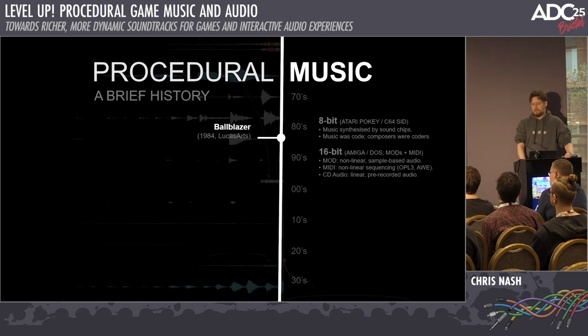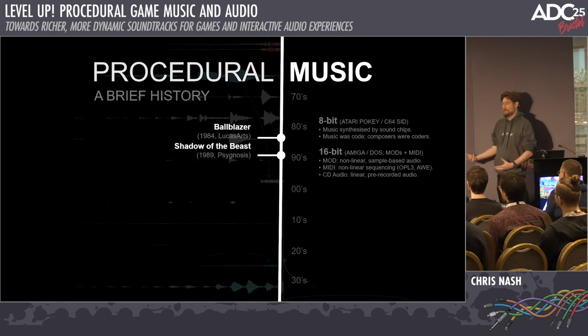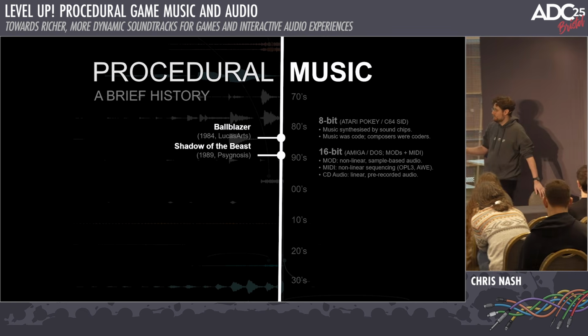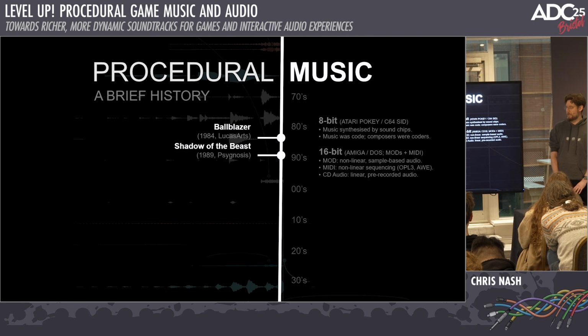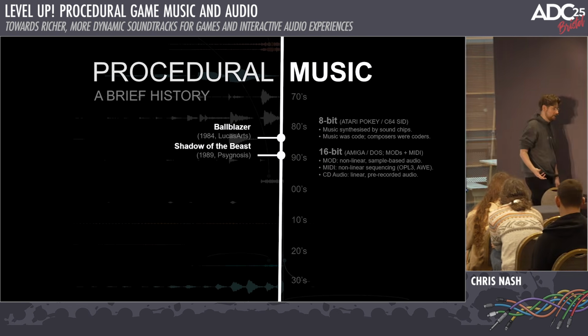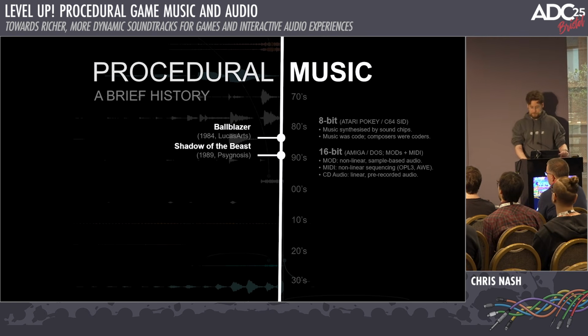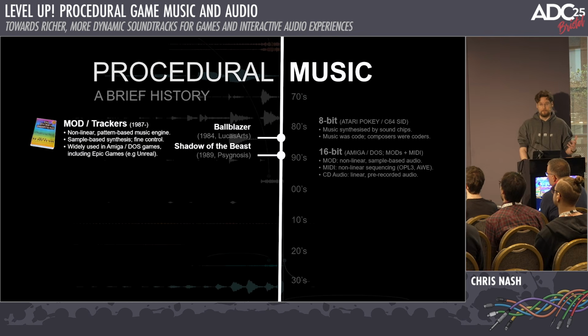But I want to introduce the actual hero of this story. Anyone have an Amiga, or is that just me? Yay. Right, so this is a really old computer. A 16-bit computer with a whole 0.5 megabytes of RAM. But it could do 4 channels of digital audio and mix them on the fly, and a type of software was developed for it called a tracker.